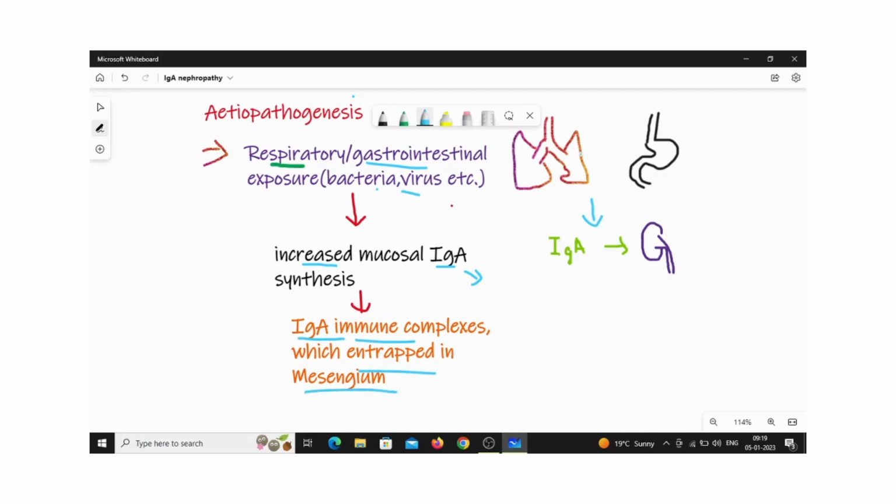So these two organs may be affected by some bacteria or virus. Then there is increased production of IgA, which during the process of filtration is entrapped in the mesangium. Then IgA nephropathy happens.